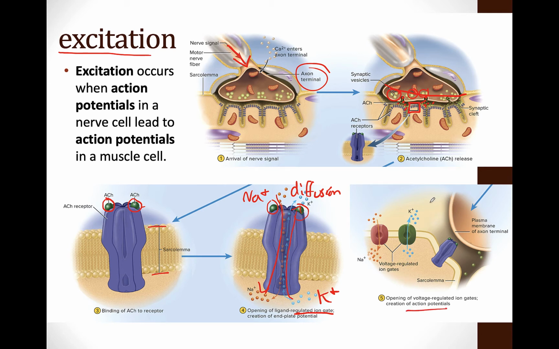So this is going to change the voltage across this membrane from -70, which was resting, to some positive number, because we're moving positive in and fewer positives out. And this is going to start the action potential. So excitation is going to end here because the muscle is now excited and it's ready to go ahead and start telling itself we're going to contract.